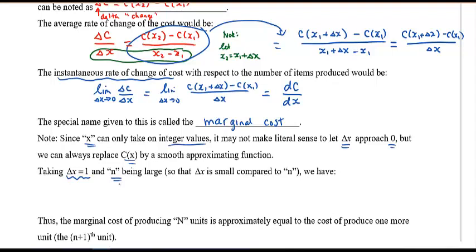And so what we have here is that the derivative, and I'll use this notation now, C prime of n, represents the derivative or the marginal cost.